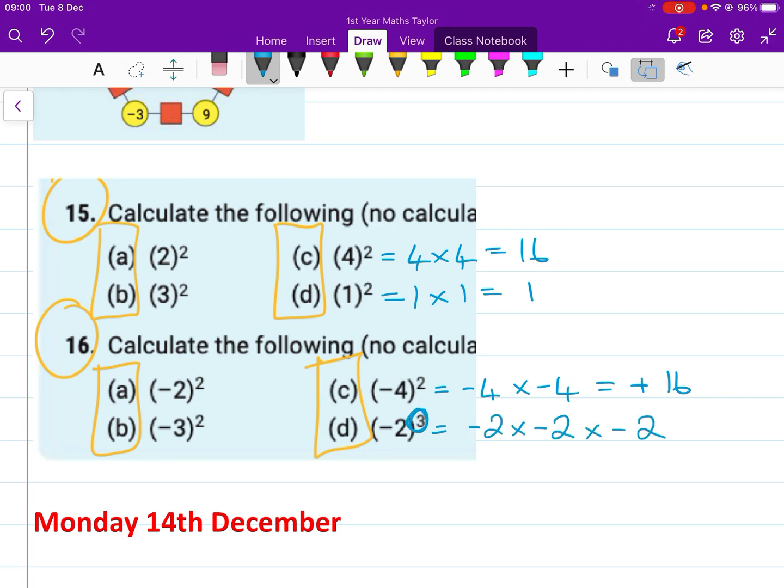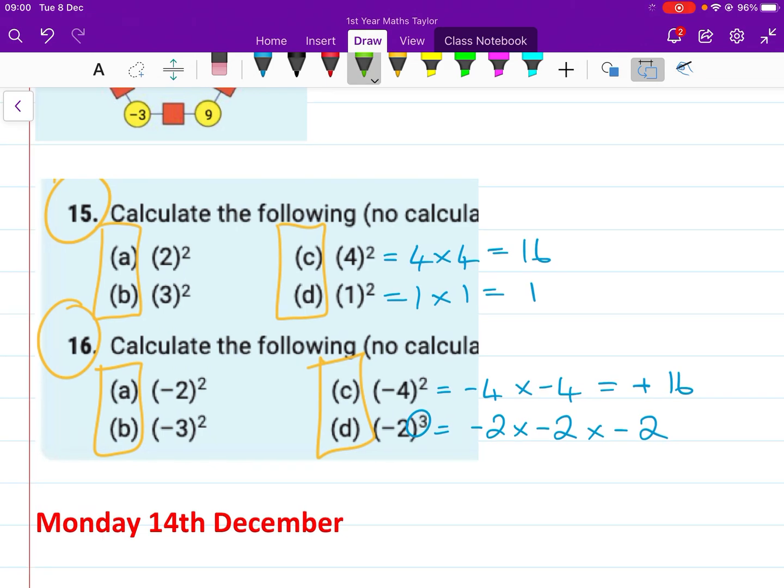Because there's a 3 here, I had to write down 3 of them. You can only do 2 of them at a time, so I'll do these first. The 2 signs are the same, which means I get a plus, and 2 by 2 is 4. Then I need to multiply by minus 2. Now the signs are different, so I get a minus, and 4 by 2 is 8. Minus 8. Is that okay?